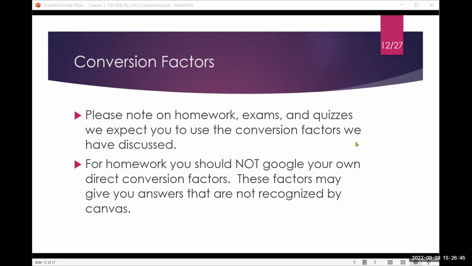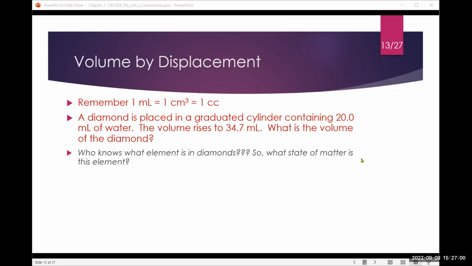Or if you inadvertently add any other character in there that shouldn't be there, or put a space in front of your answer. Canvas is definitely not AI. All right, so we're working to make sure we can teach it to learn all the possible combinations that people could enter that are correct, but entered wrong.